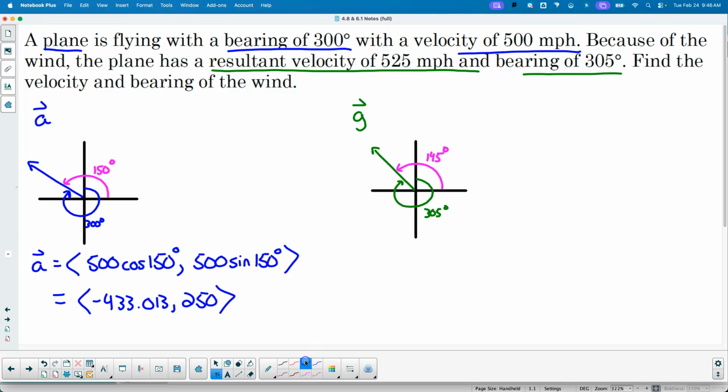So vector G is going to be 525 cosine of 145, 525 sine of 145.